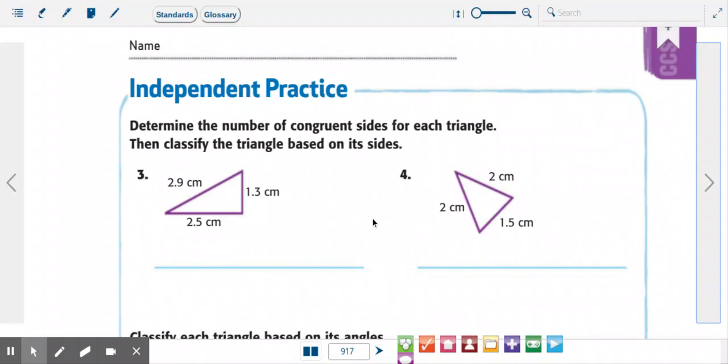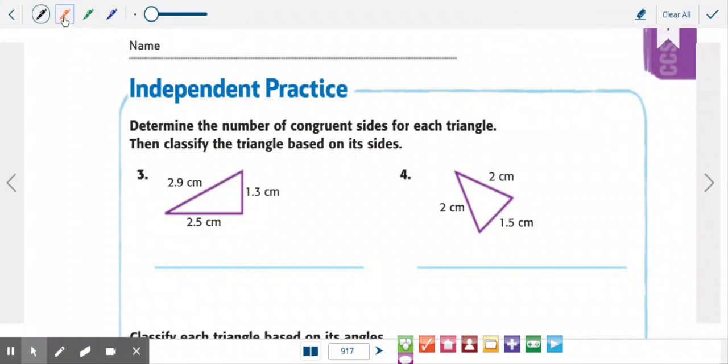So the top of your independent practice wants you to determine the number of congruent sides for each triangle. Then classify the triangle based on its sides. So if we look at this number 3 here, nothing matches. So this is 1. This is going to be my number 2.